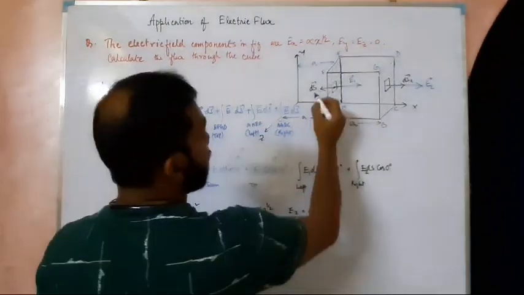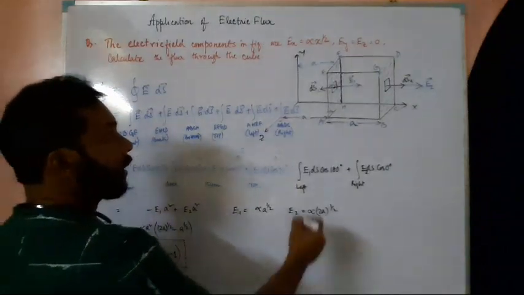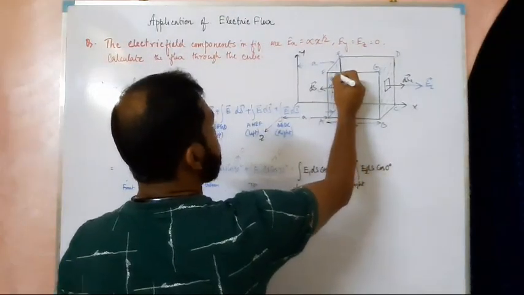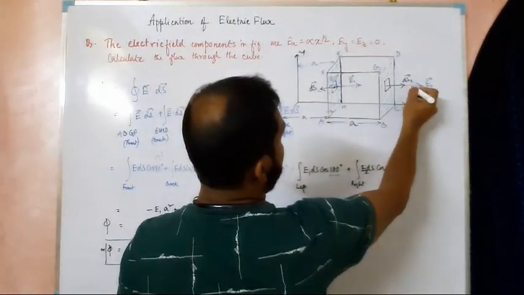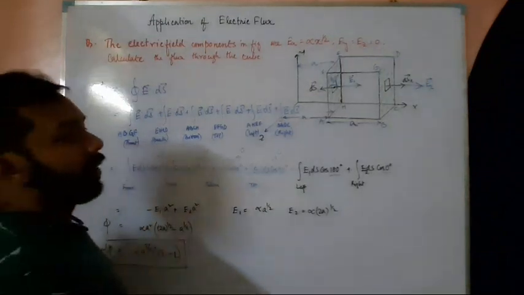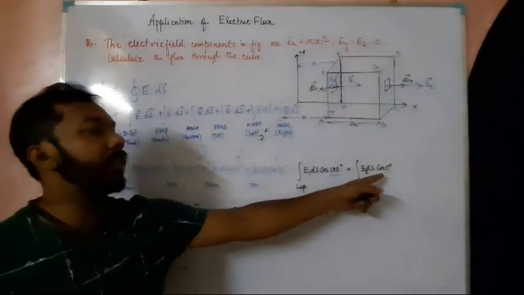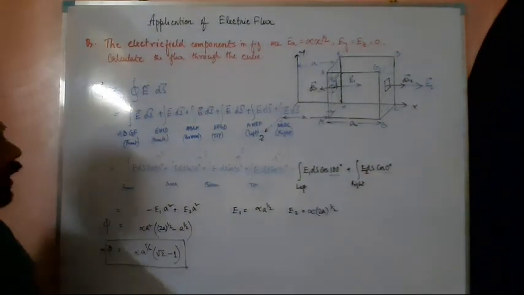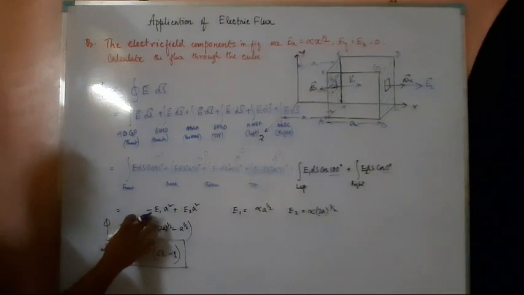Here the angle between ds and electric field E1 is 180 degrees. So the angle is written 180 degrees here, and here the angle between them is 0 degrees, since they are pointing in the same direction. So theta will be 0 degrees here. As we know, cos 180 degrees is -1, so it will be minus E1.